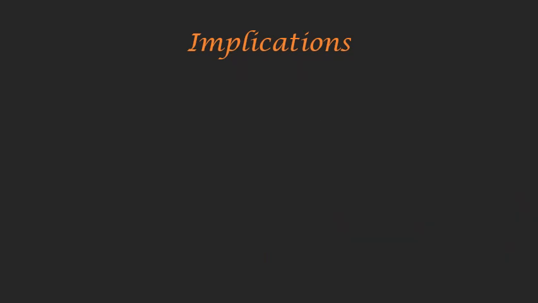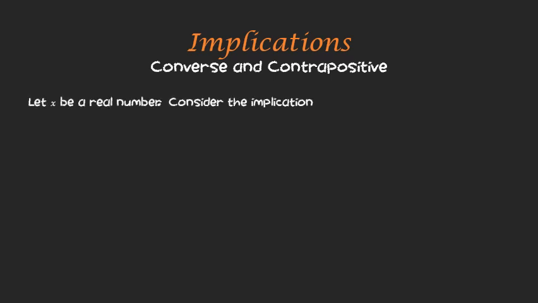Now there are a few related concepts to an implication, sort of operations on an implication. And that is the converse and contrapositive. So we start with an implication. Let's say it's if x equals 3, then x squared minus 9 equals 0. This is an implication involving two open sentences.